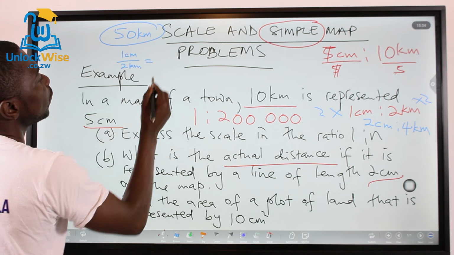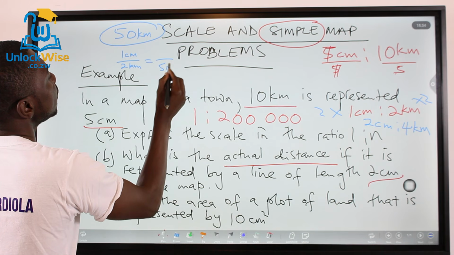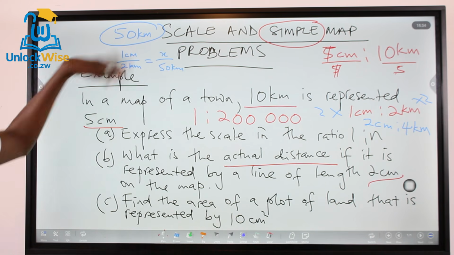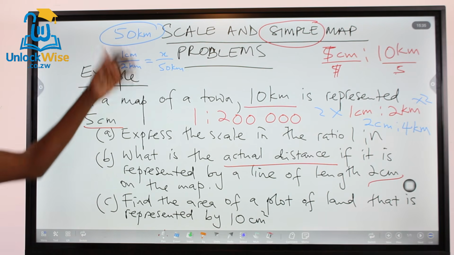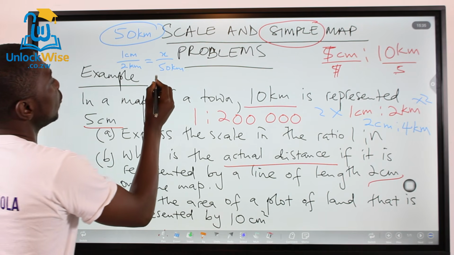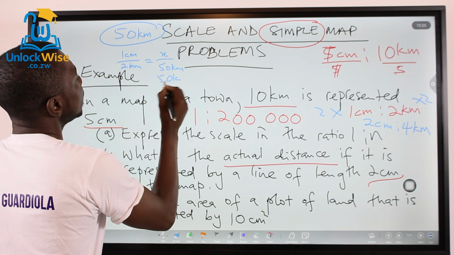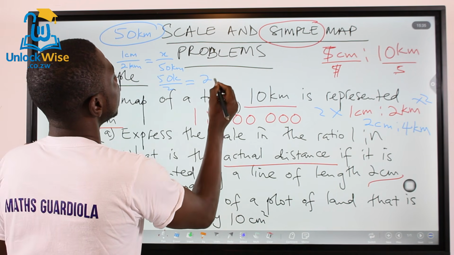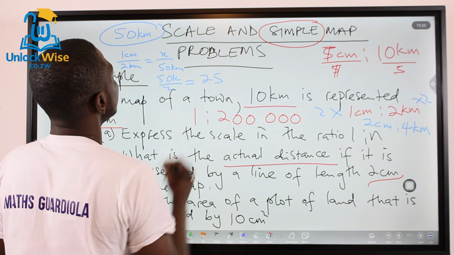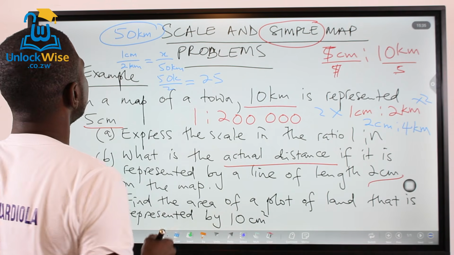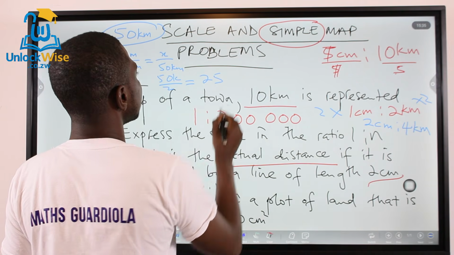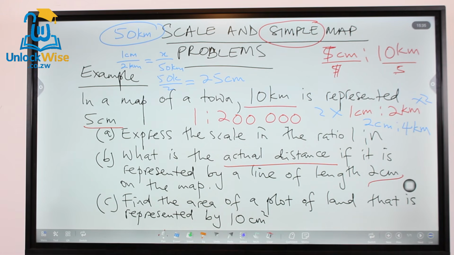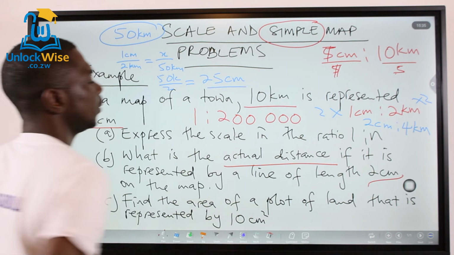And if we are asked about 50 kilometers, we want to know the value on a map. So you multiply both sides by 50. So this will give you 50 kilometers divided by 2. You have this as 25 centimeters, right?